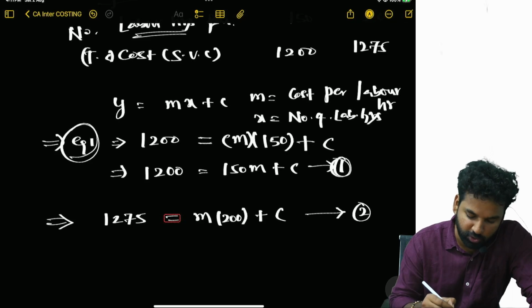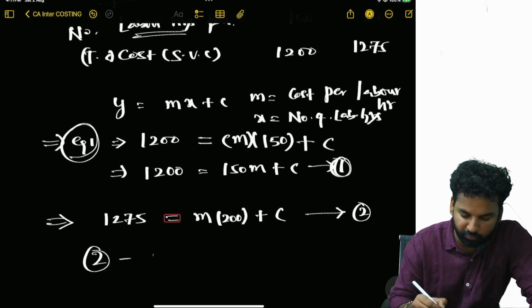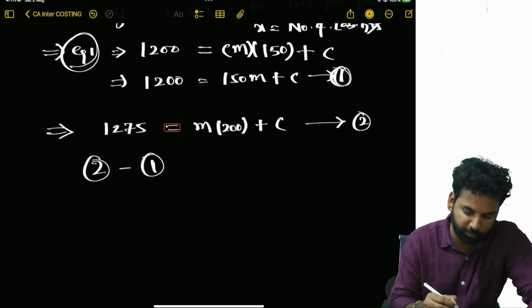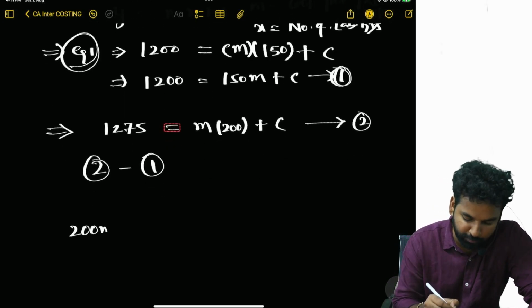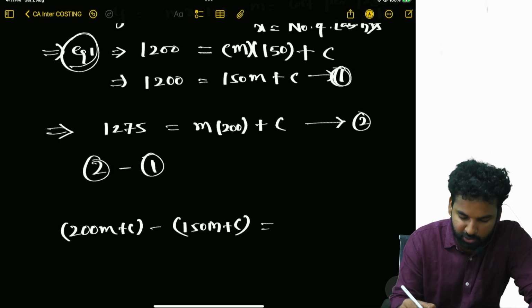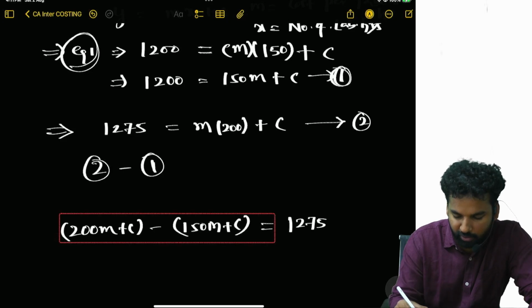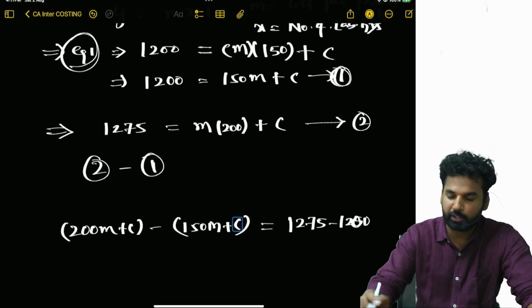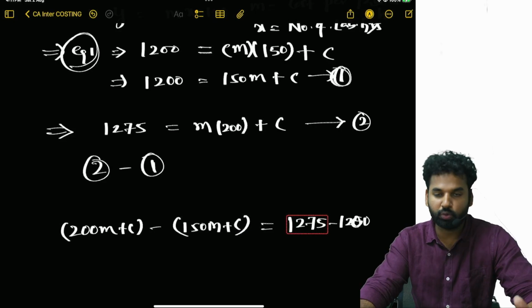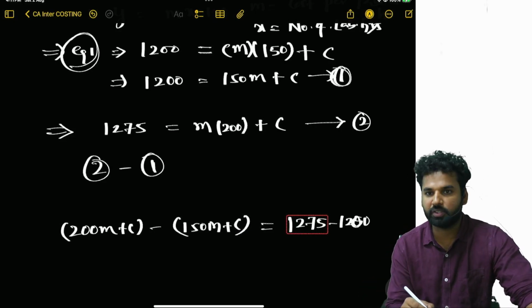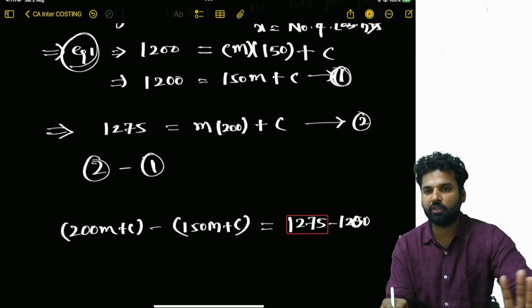So subtract equation 1 from equation 2. 200m plus C minus 150m plus C is equal to 1275 minus 1200.